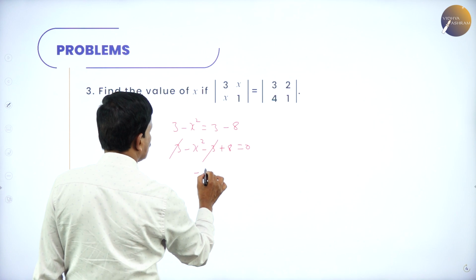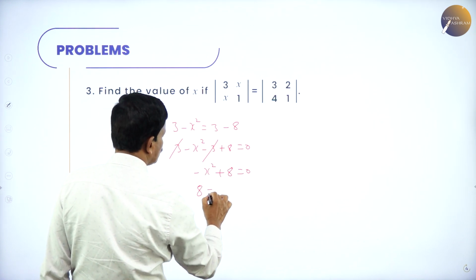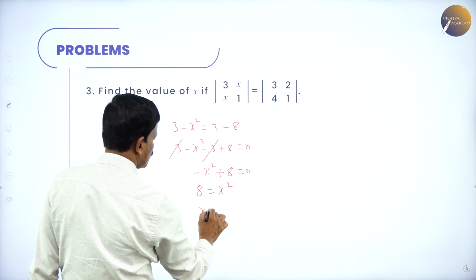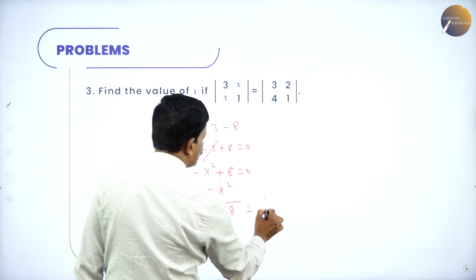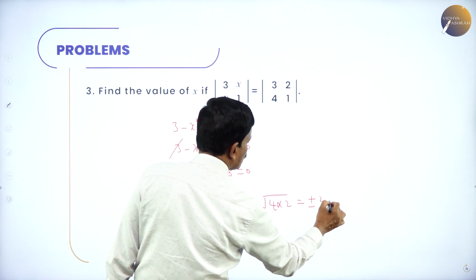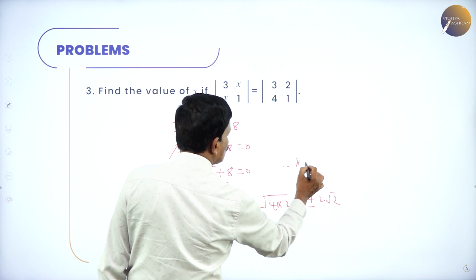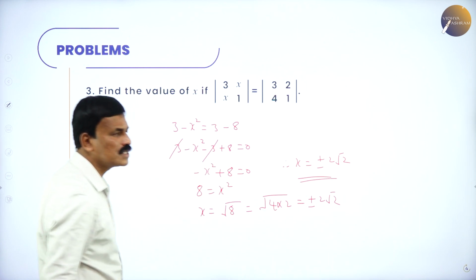So what you will get? Minus x square plus 8 is equal to 0, or just transfer this, x square is equal to plus 8, x is equal to root of 8. This can be simplified, 4 into 2, this is nothing but plus or minus 2 root 2. So the value of x is equal to plus or minus 2 root 2. This is the value of x.